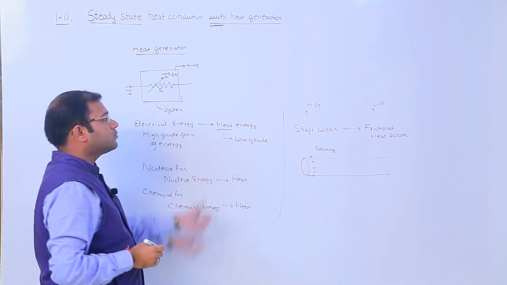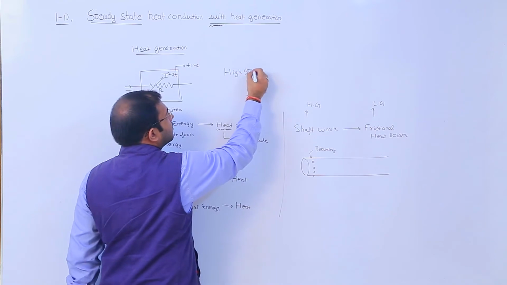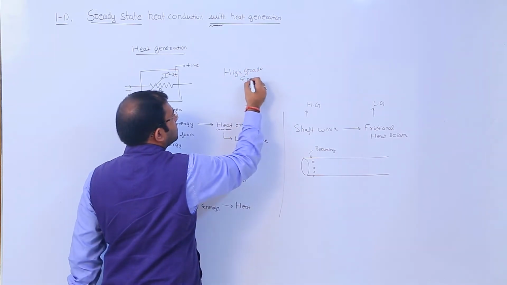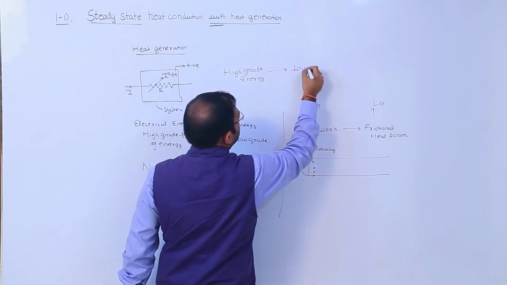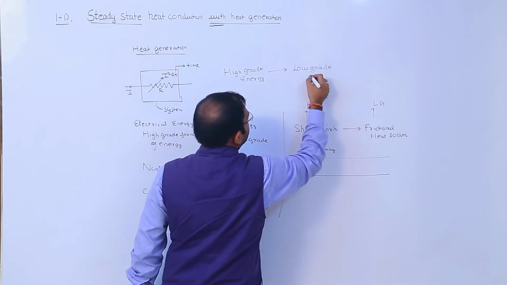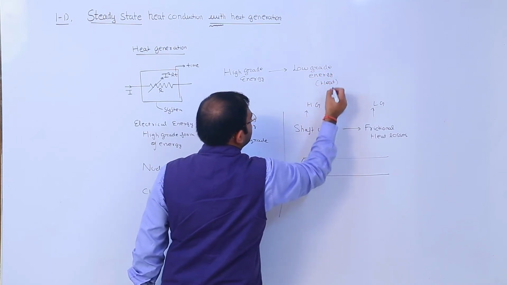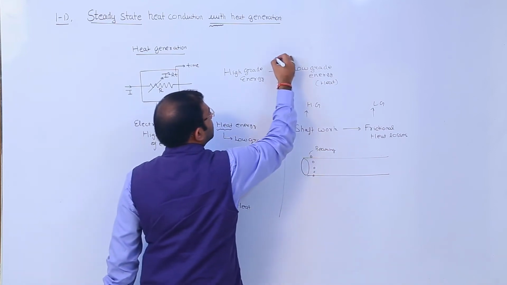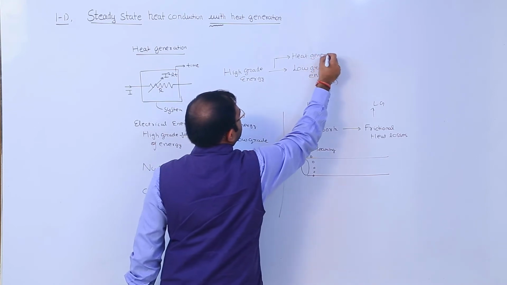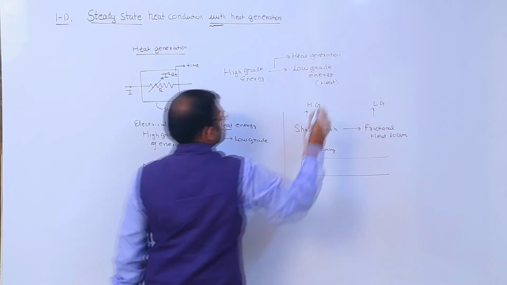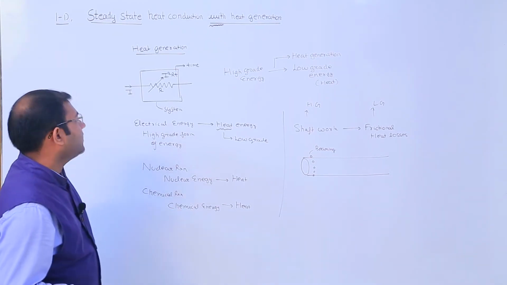So in all these processes, what we are seeing is that high grade energy is getting converted into low grade energy, and this is nothing but heat, and such a phenomenon is known as heat generation. Fine.